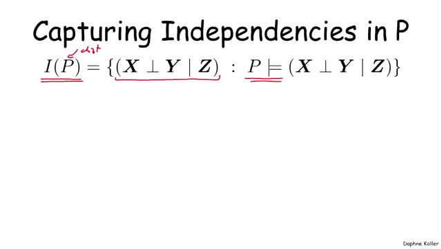And we're going to define I of P to be the ones that are true in that distribution. Okay, so these are independencies that hold in P.